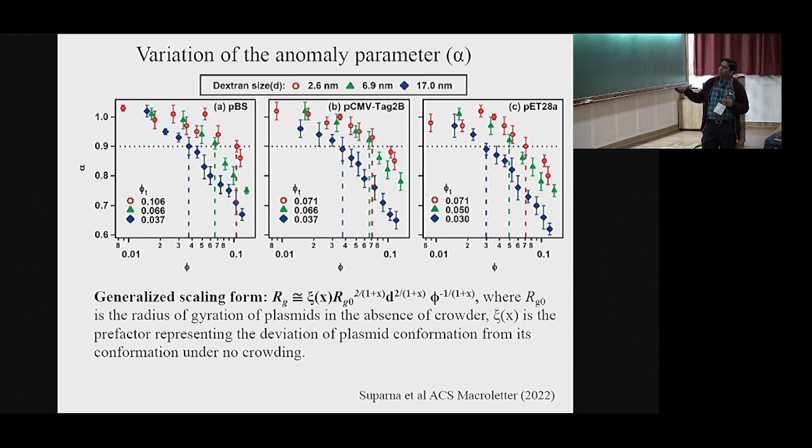We measured that, and 0.9 and above is normal diffusion, and below this is subdiffusion. This is plotted as alpha versus phi for all three plasmids, and again you can see a very similar trend. For a small crowder, most of the data are in normal diffusion, and if the size of the crowder is higher, it restricts the motion of the DNA molecule, and it comes under subdiffusion.